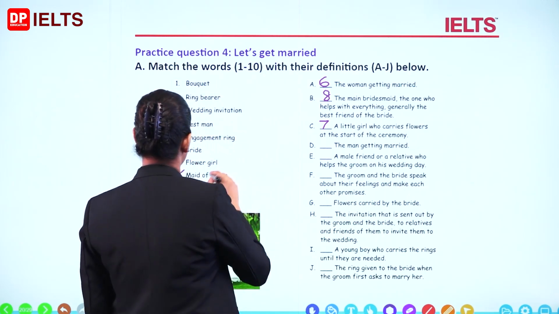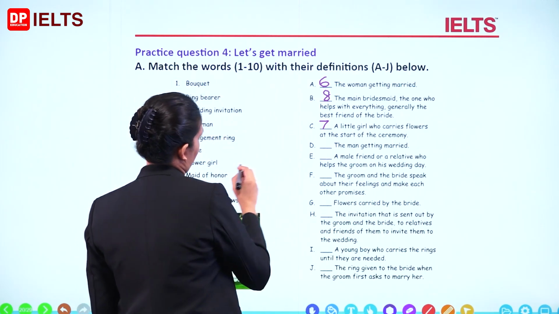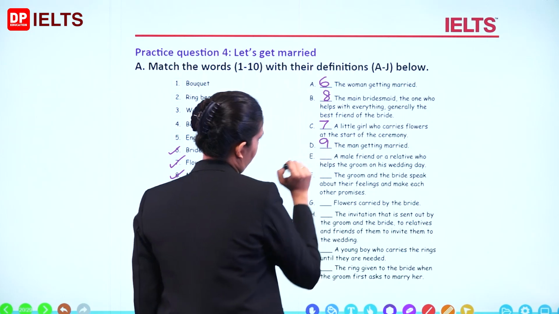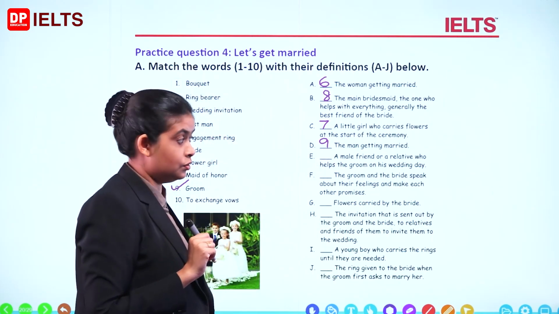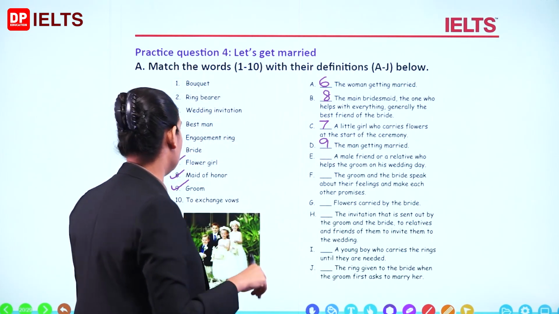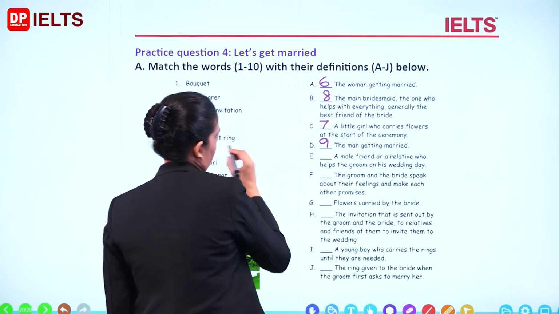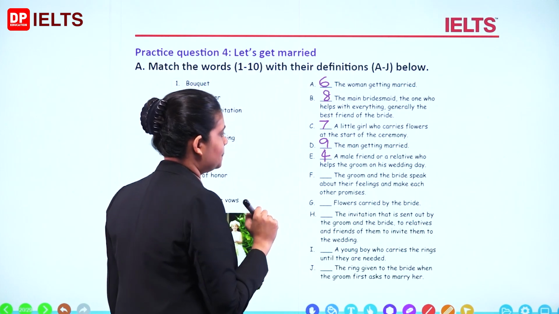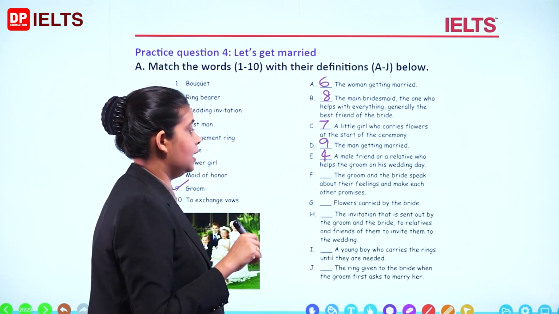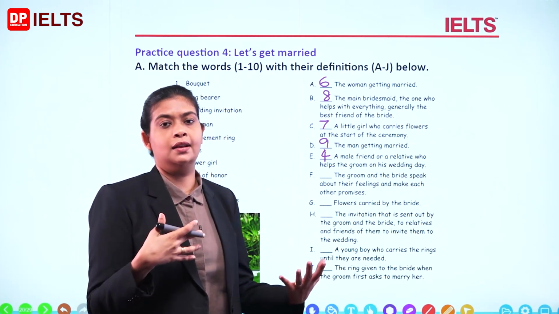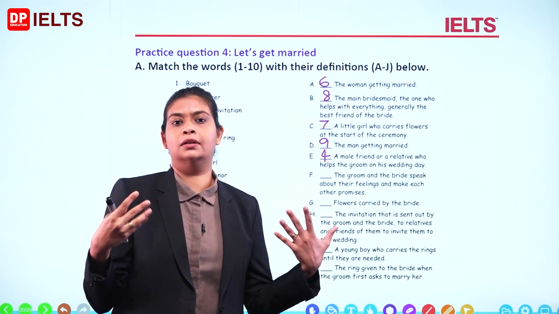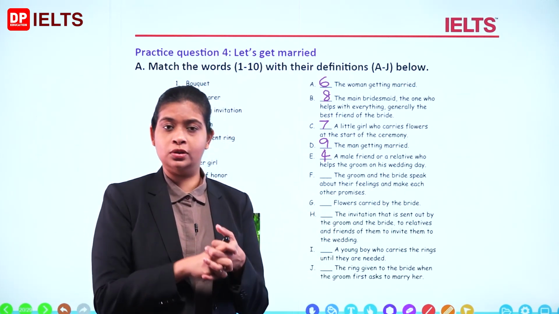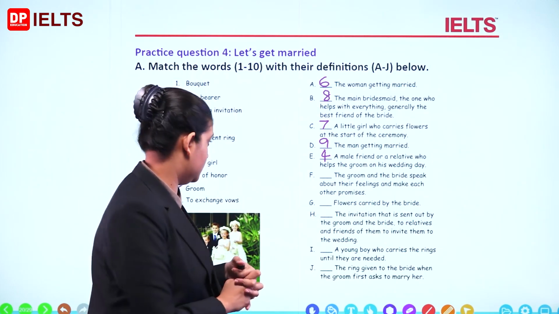The man getting married, kasada bandina manusyata api kiyanne groom kiyala. A male friend or a relative who helps the groom, bestman. The groom and the bride speak about their feelings and make each other promises. Ekekena dennata denna porondu huwamaru karaganna eka, exchange of vows. Right?